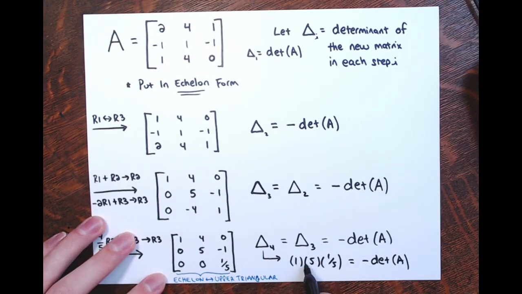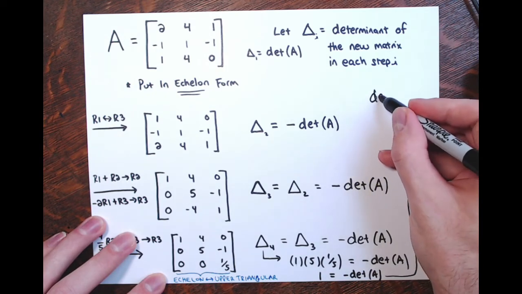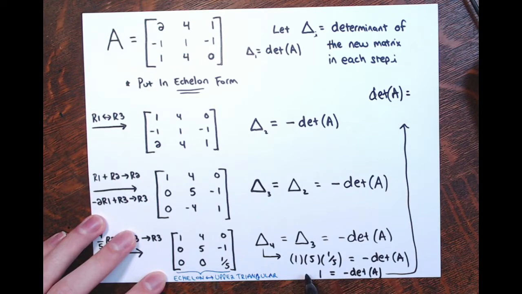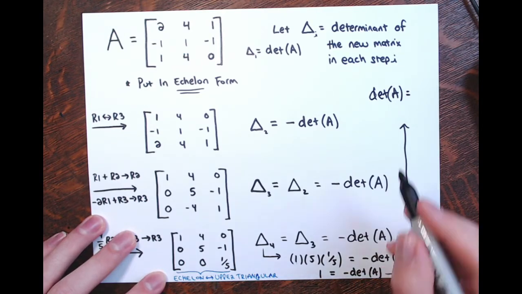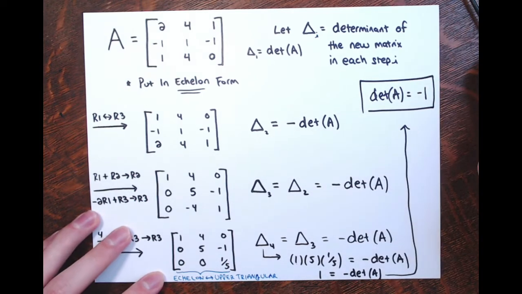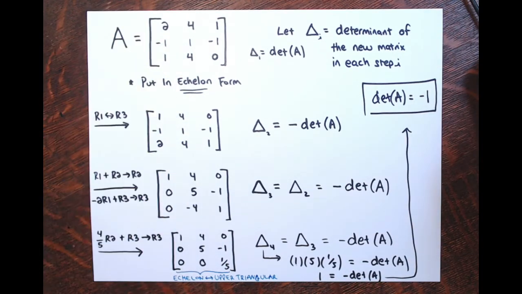And now 1 times 5 times 1/5 is just 1. So 1 is the opposite of the determinant of A, meaning that the determinant of my original matrix must be -1, right? If 1 is the opposite of it, then it must be -1. So again, following the procedure, getting it in echelon form, making it upper triangular.